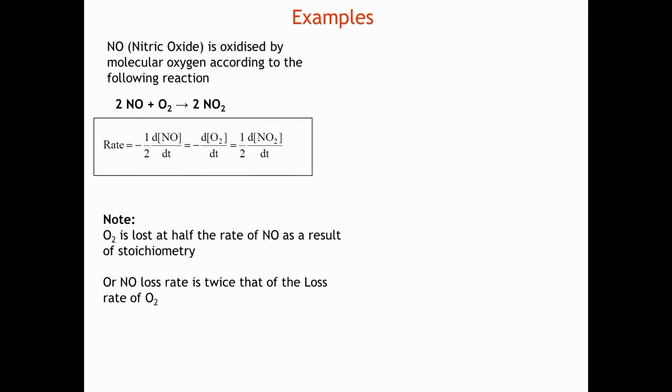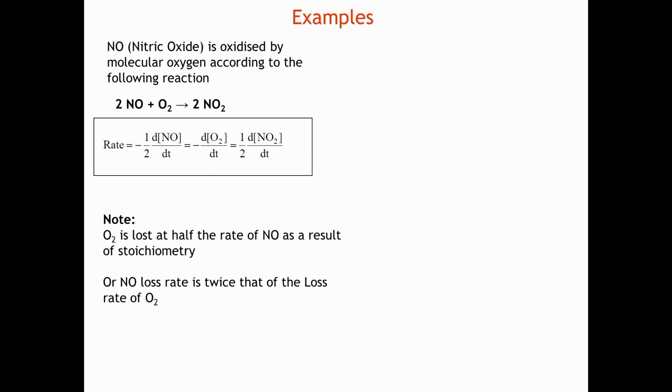So oxygen is lost at half the rate as NO is. You can see that directly because of the equation. You need 2 NOs for every oxygen molecule that's consumed.